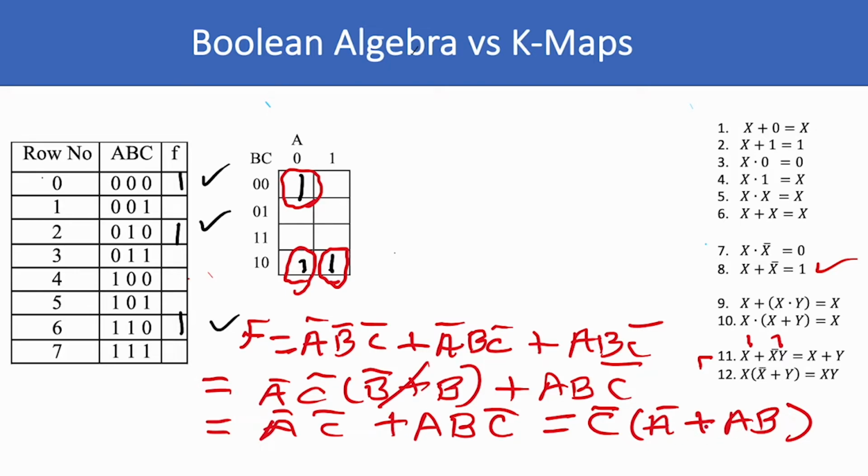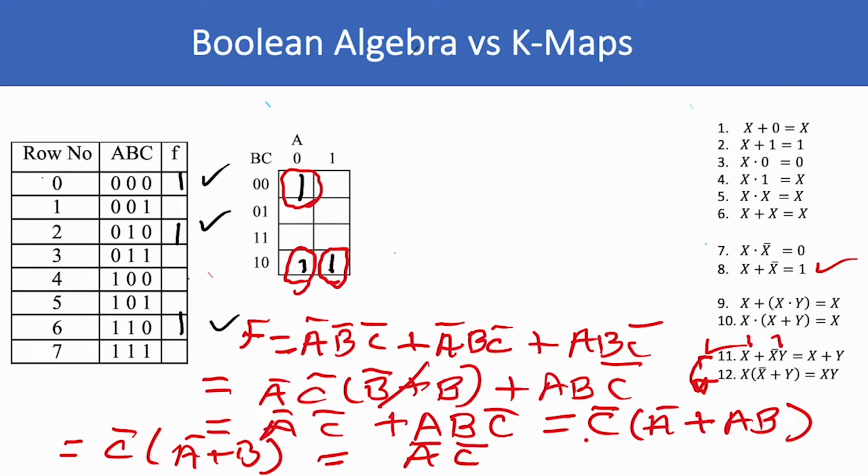So that's just equal to a bar plus b, according to Rule 11. So it's equal to c bar times a bar plus b, and that's equal to a bar, c bar, plus b, c bar. Okay, that's our final answer.